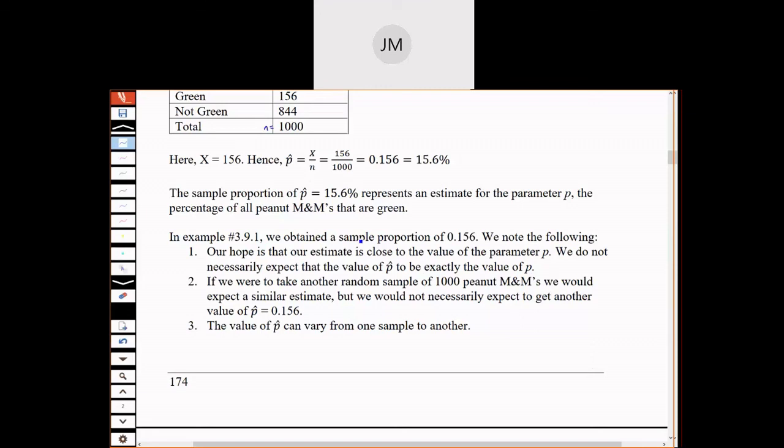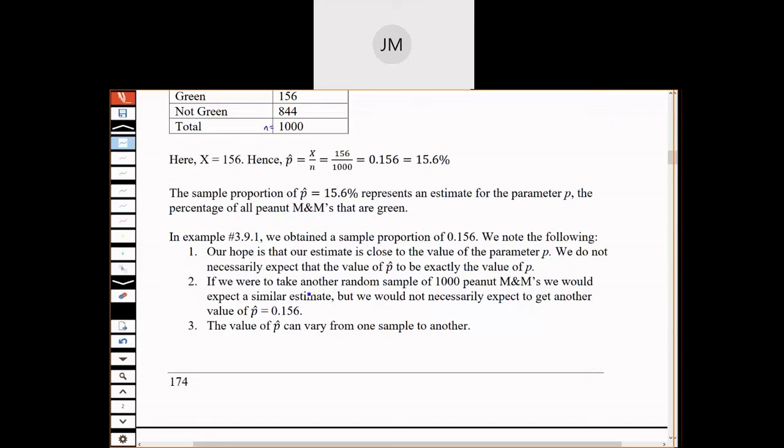Okay, so in this example, we obtained the sample proportion. And what we want to note is that if this is a good representation of our population, then our estimate should be really close to the percentage of all M&Ms that are green. But we don't expect that these are going to be exactly equal. Okay.